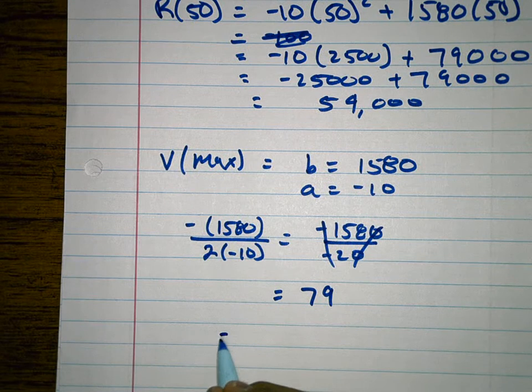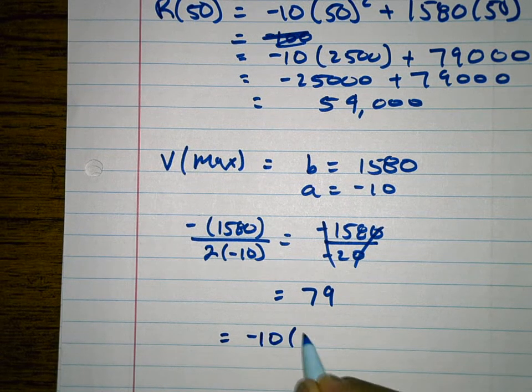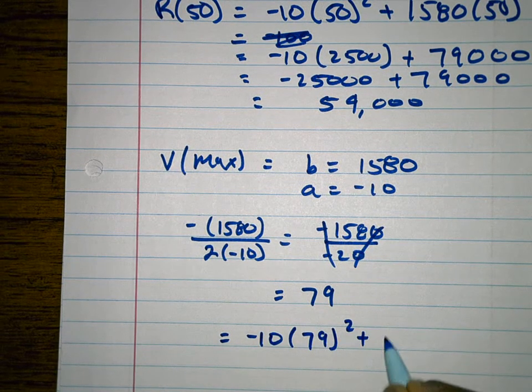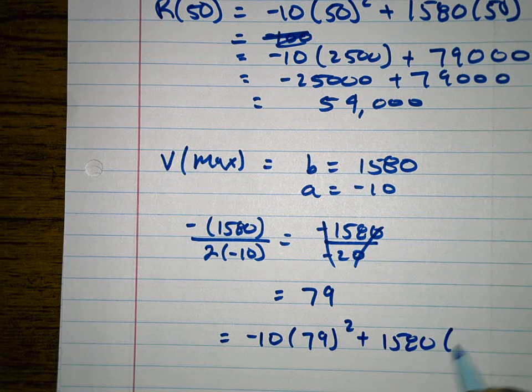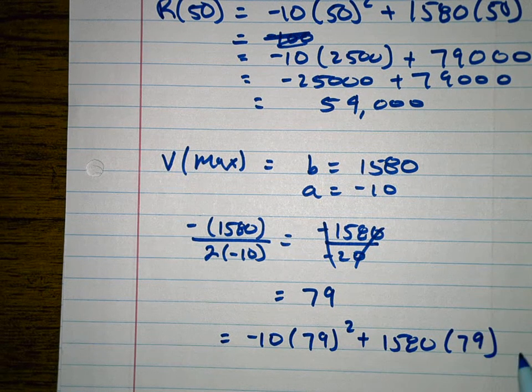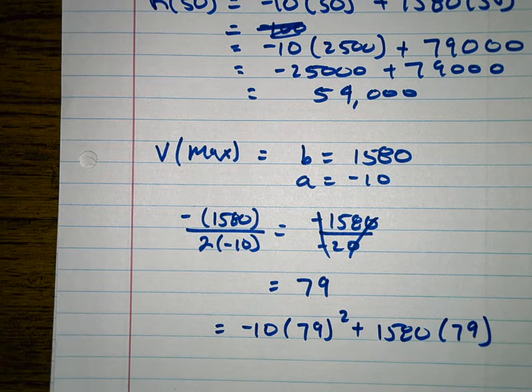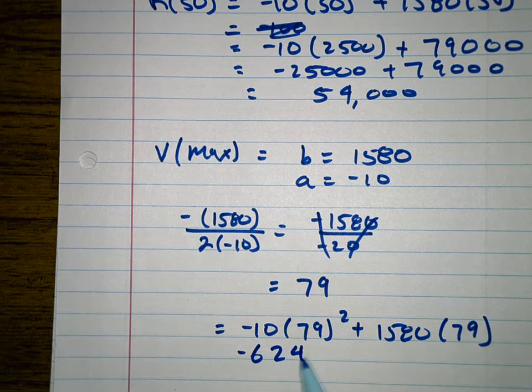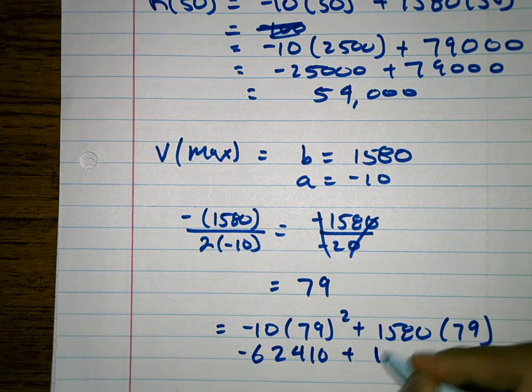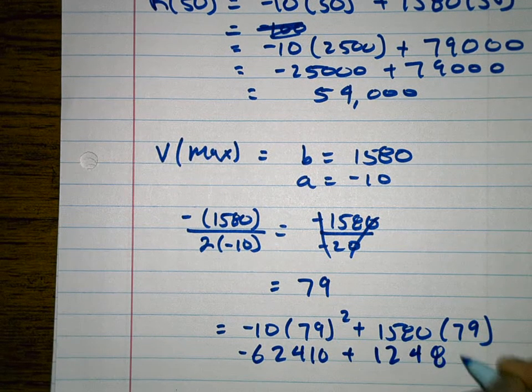And then you can see here I'm going to say negative 10 times 79 squared plus 1,580 times 79. I'd multiply all that out. Gives me negative this plus that.